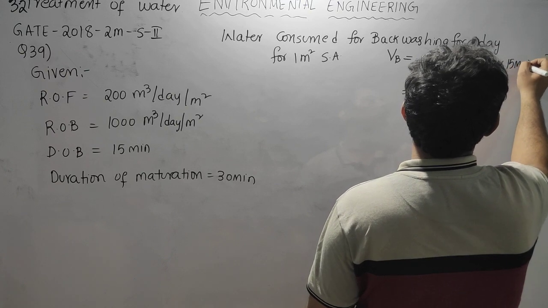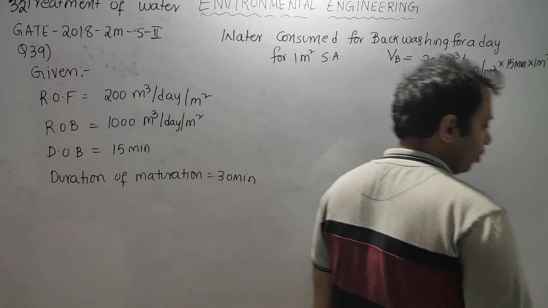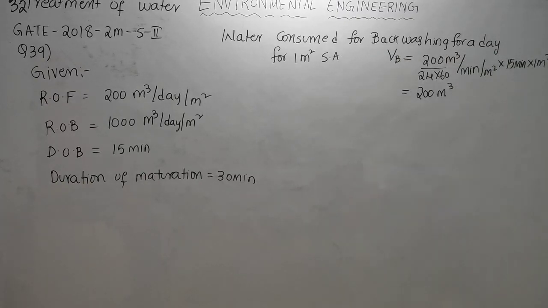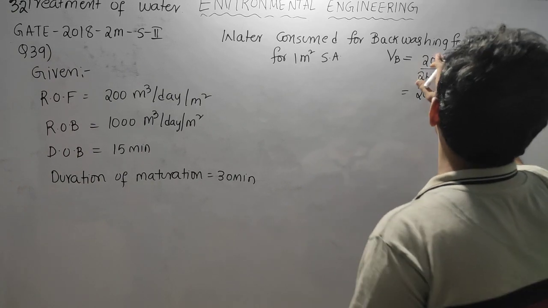In a day we do backwashing for only 15 minutes, so we need to convert the rate of flow into 15 minutes, and also take the backwashing rate, that means 1000, not 200.